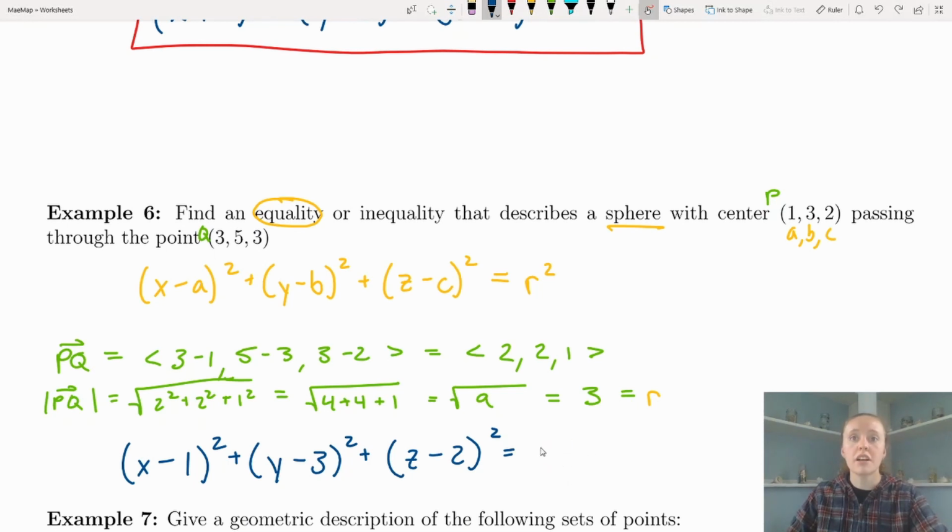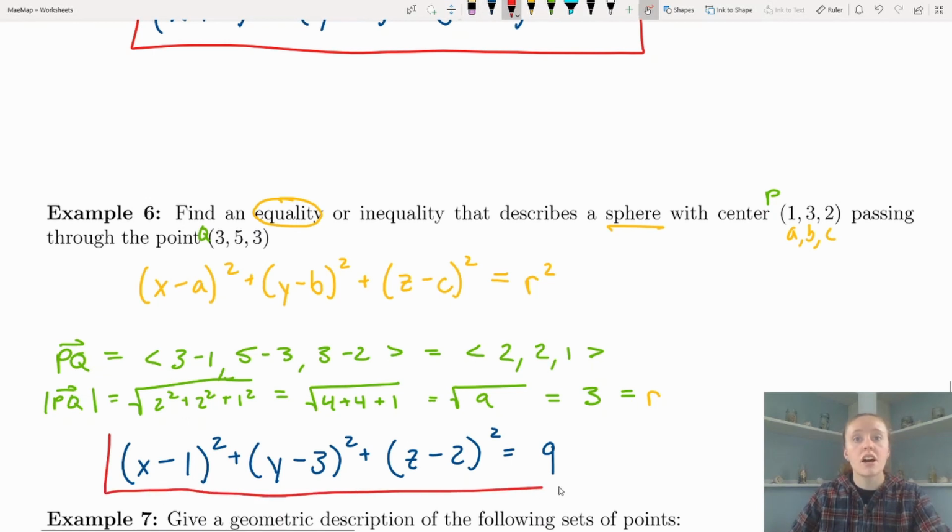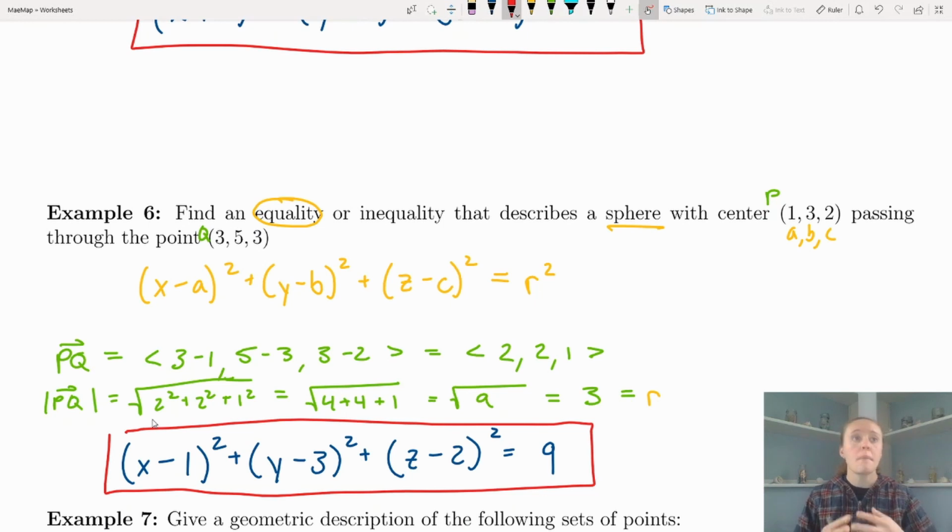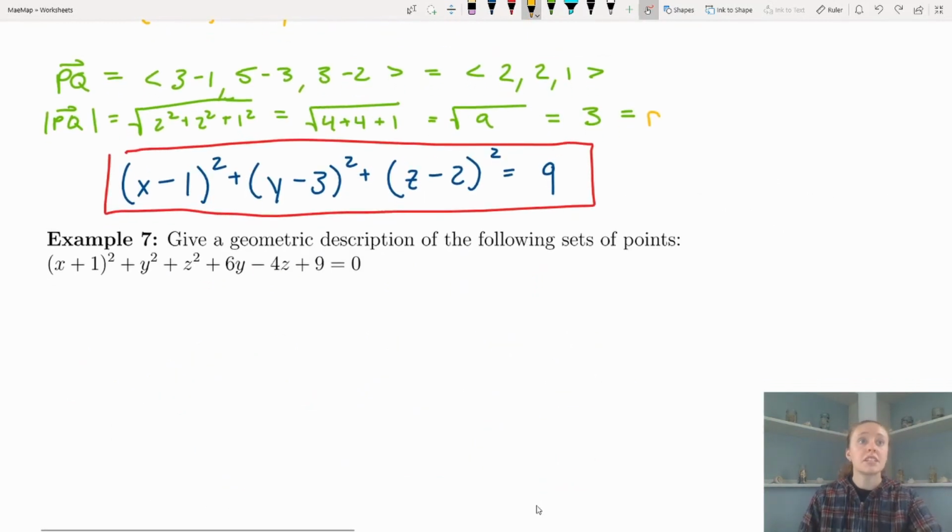And 3 squared is 9. So there we have it, the equation of a sphere centered at 1, 3, 2, passing through the point 3, 5, 3.